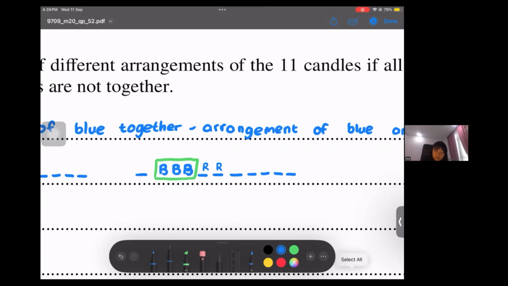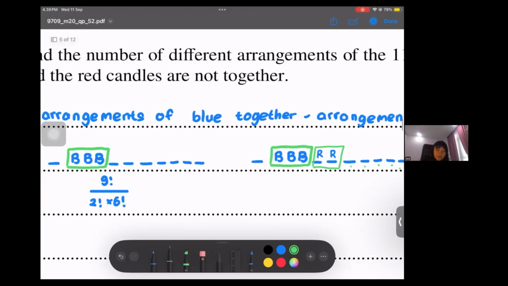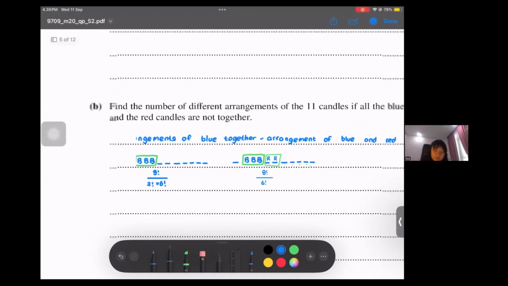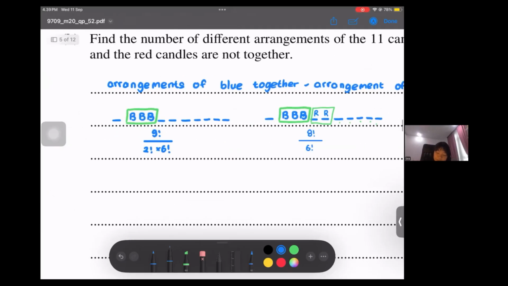And here is considered as one arrangement. So when we look back, we will have 1, 2, 3, 4, 5, 6, 7, and 8 other spaces. So in here, our formula would be 8 factorial divided by 6 factorial, as our remaining candles will be the 6 identical green candles. Now, we can place them all together into one singular place.